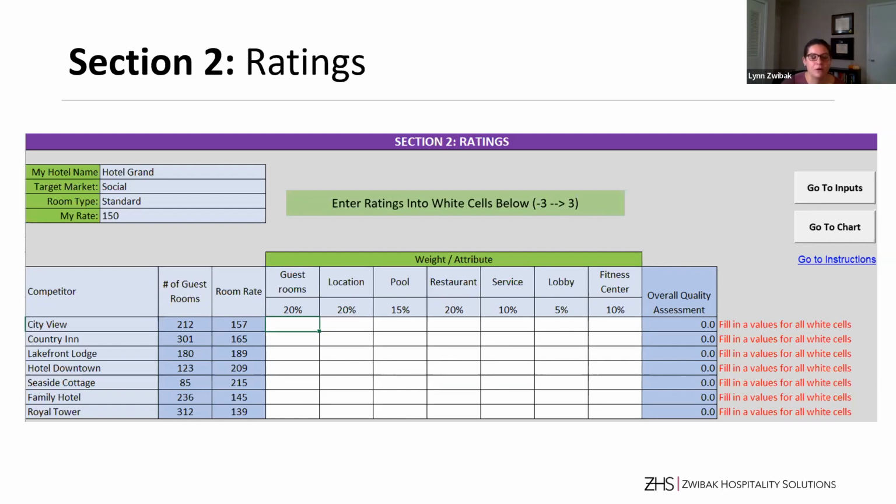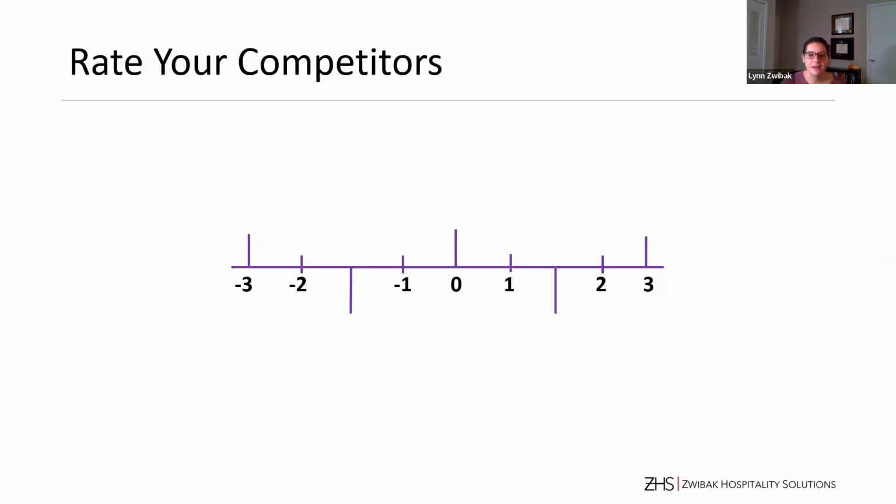The competitors are the left side of this bottom chart. The attributes and the weights are across the top. The middle section is white. That's where we're going to fill in the ratings. And because we haven't yet, we get this error message. All right, so how do we rate? Well, we're going to rate the customers on a scale of -3 to 3.